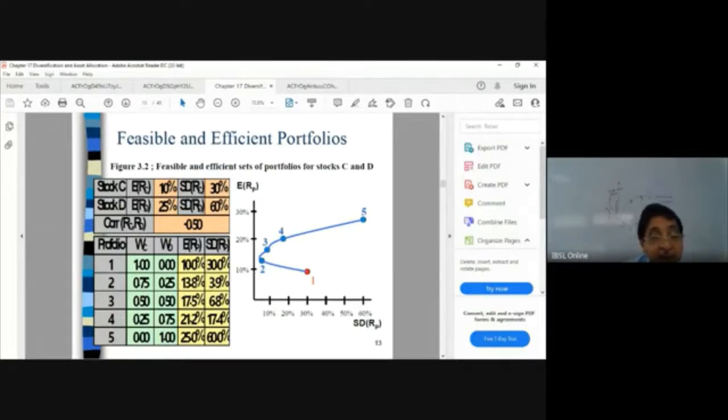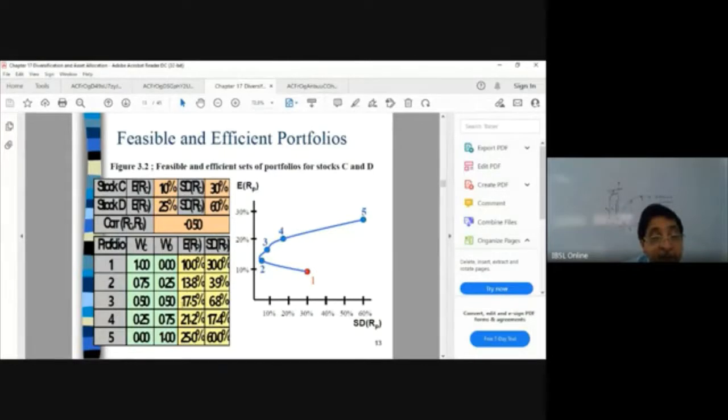And the respective expected returns and standard deviations are given. That's the same thing I have already explained. Now you can see the third one. It has C with a weight of 50% and D also with a weight of 50%.